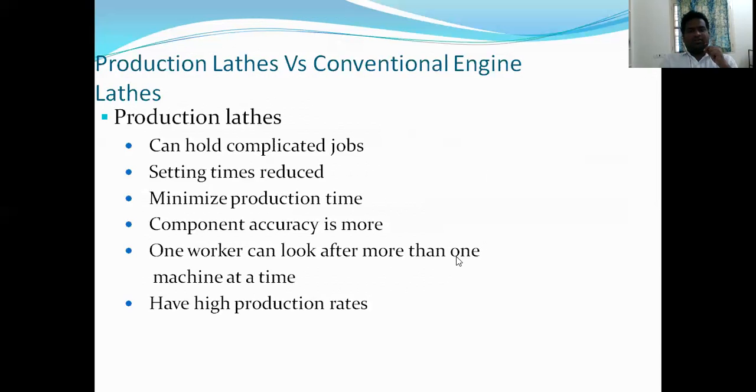I have already told you the production rate increases because the setting times are reduced and the production time is minimized. Here setting times means work loading and unloading and tool changing times. That's why they are called setting times. They are reduced, and we have high production rates.